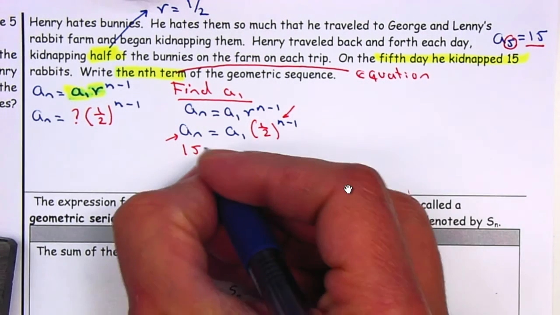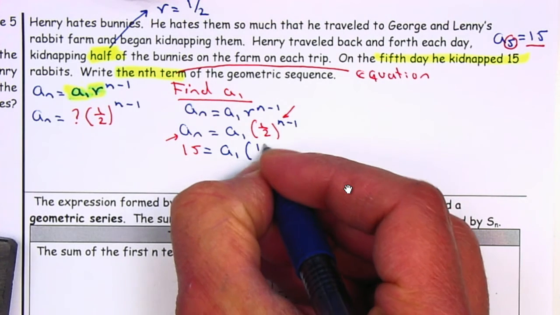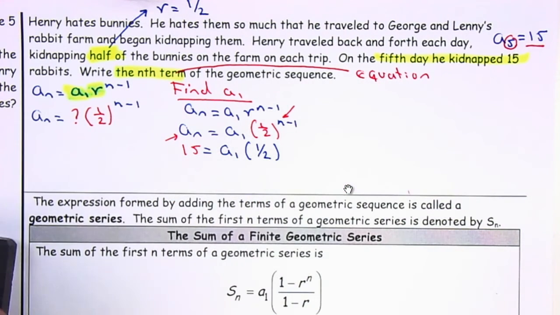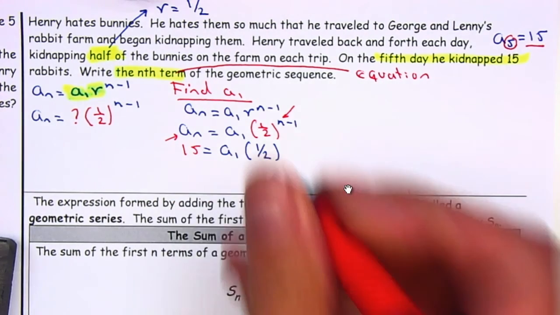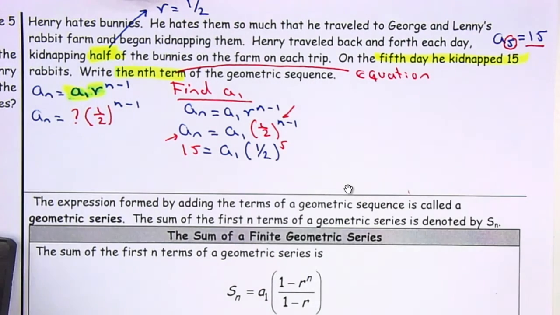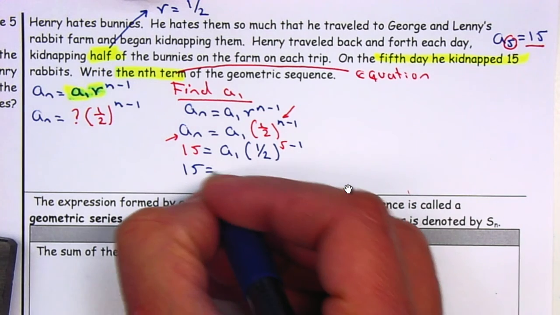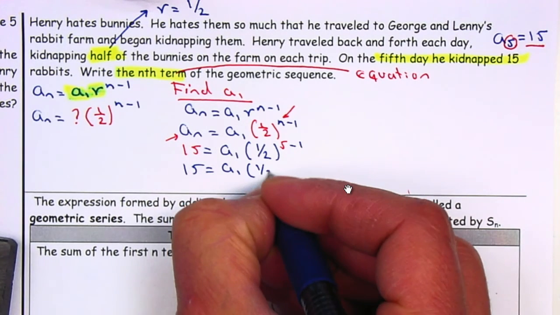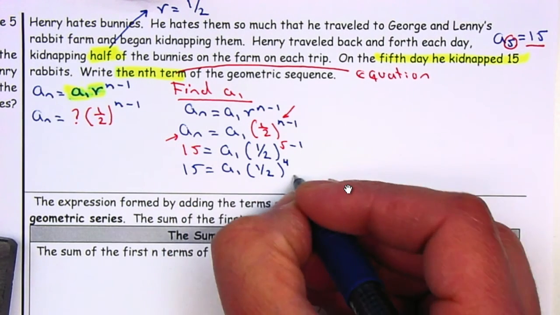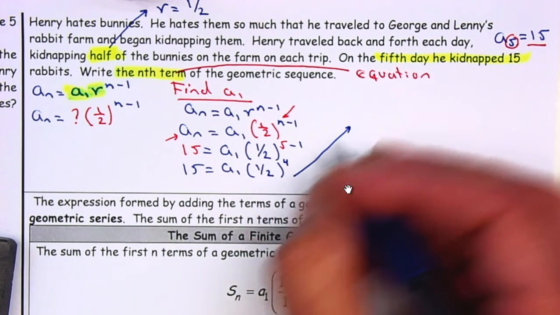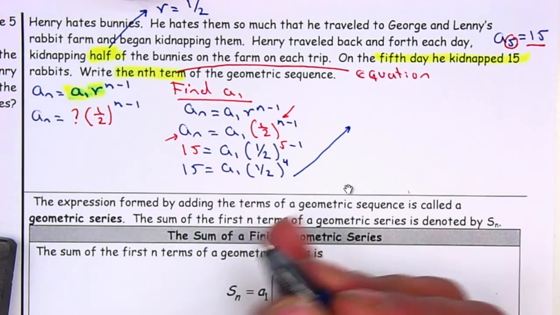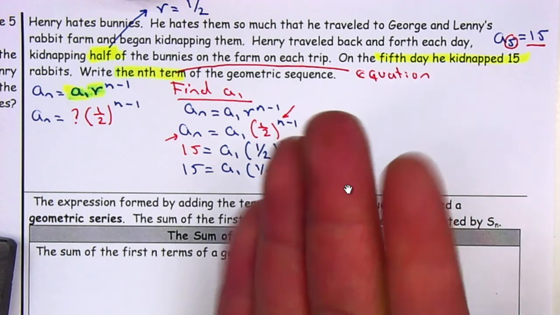So 15 is equal to a sub 1, 1/2, and instead of that n will be a 5, minus 1. And now we just simplify. 15 is equal to a sub 1, 1/2 to the 4th power. 1/2 to the 4th power is 1/2 times 1/2 times 1/2 times 1/2, which will be 1/16.